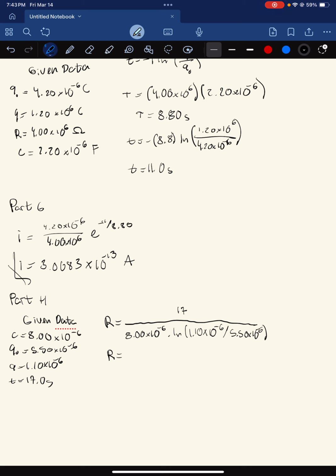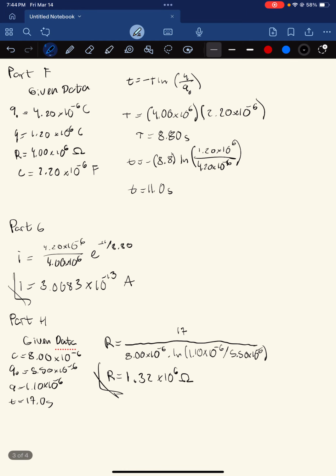Yeah, 1.10. 10 times negative 6 divided by 5.50, 10 times negative 6. And I got 1.32 10 times 6 ohms.